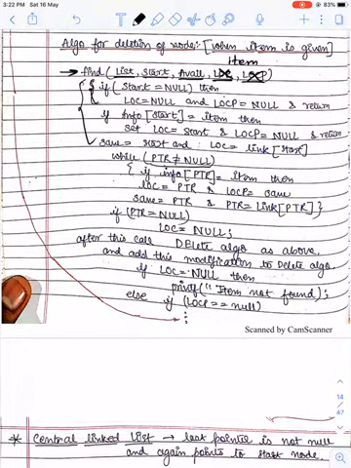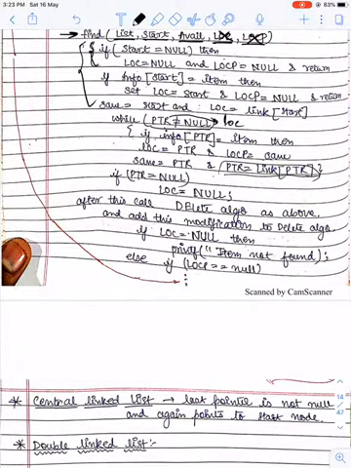So that is required. And then while PTR is not null, PTR is basically the location I have used, and it checks info of PTR. If it's the item, then location is PTR and location P is this, or else PTR equals link of PTR. So this is why he is going forward.